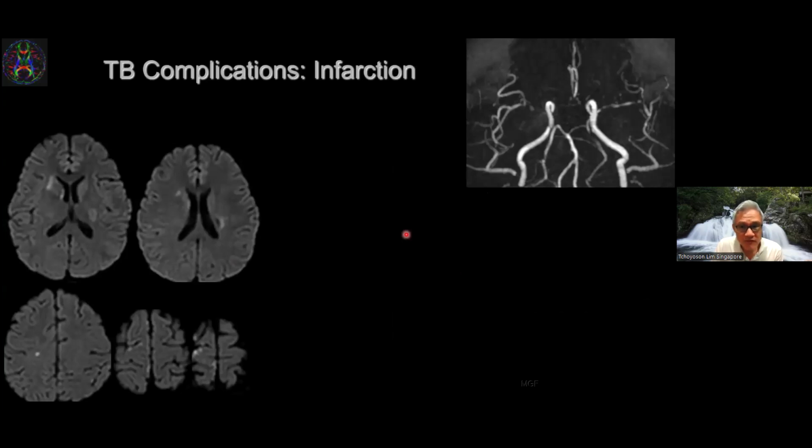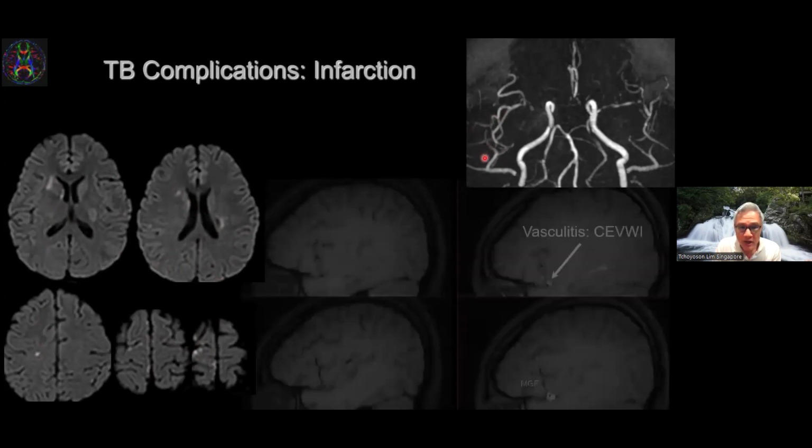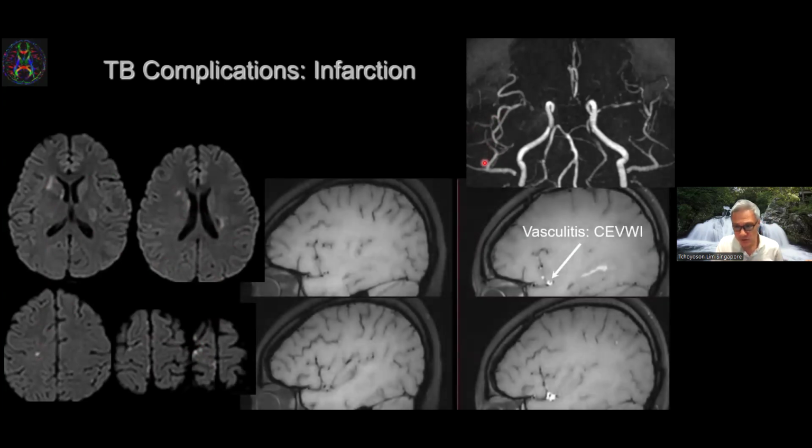The cerebral infarctions in a patient with TB, meningitis, and vasculitis can be subtle. They can affect small territories, and they can also give rise to pus in the subarachnoid spaces. So the DWI and the MRA are helpful in making the diagnosis.